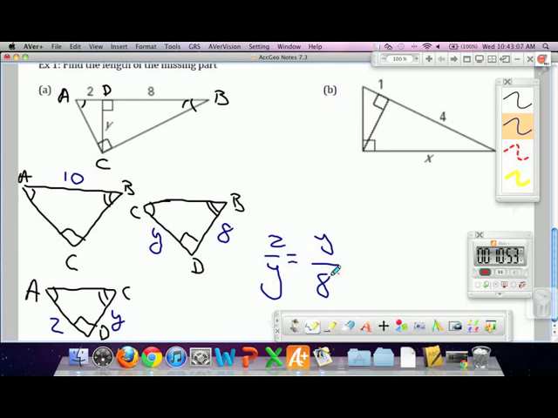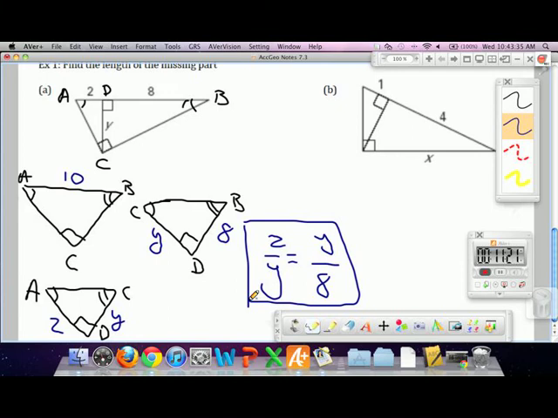Boy, oh boy, what does this equation look a lot like? Holy cow. That equation looks almost identical. In fact, it is identical to a geometric mean setup. Y, in this case, is the geometric mean between 2 and 8. Or, if we go back to our original triangle, y is the geometric mean between 2 and 8.